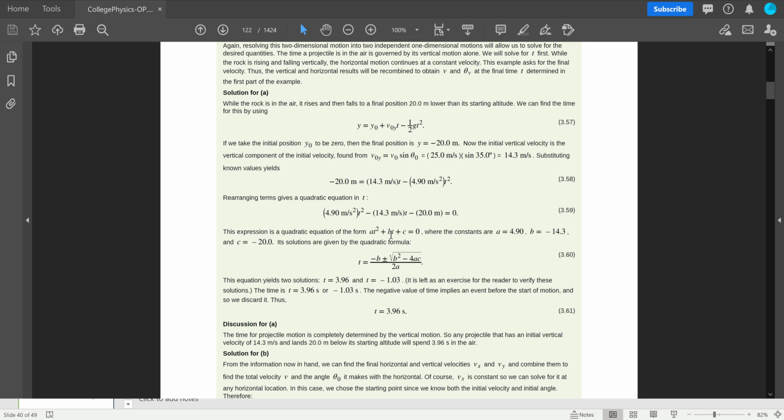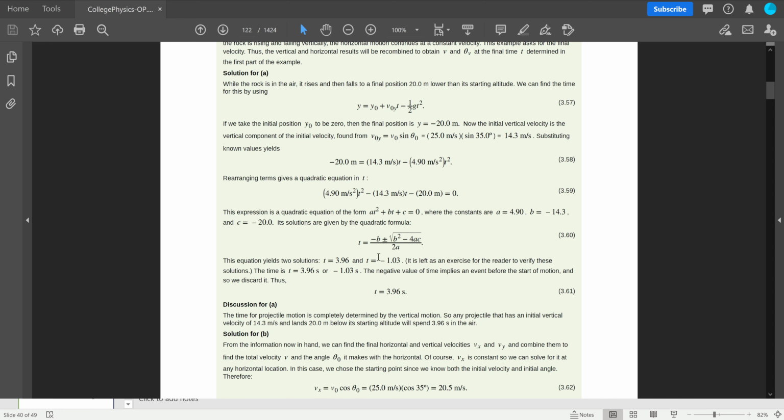But if we look between these formulas here, we can pretty much know what our a is. Our a is 4.9. Our b is negative 14.3. You got to take the negative. And our c is negative 20. So we know our a, b, c, and we're going to plug it into this equation here.